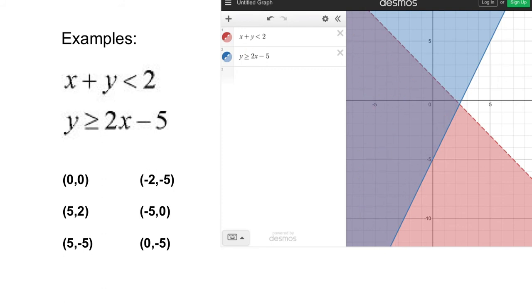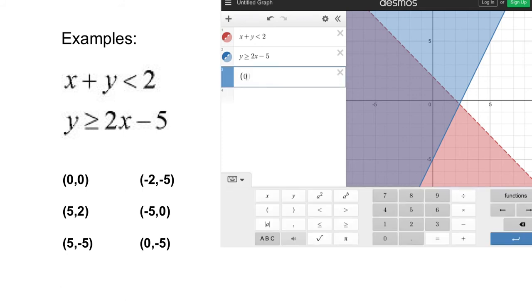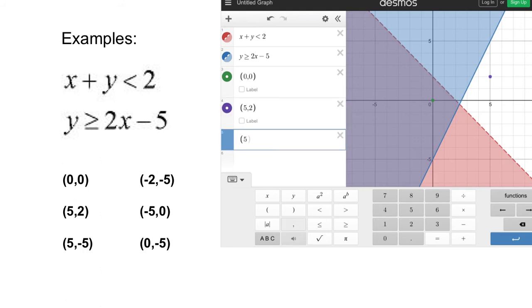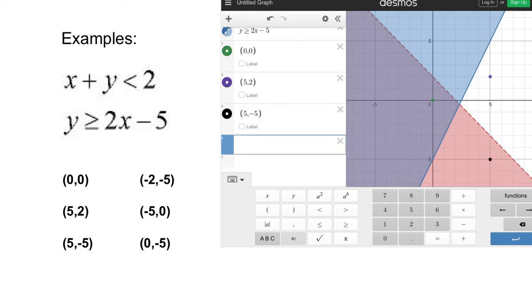So I'm going to check all my points. (0, 0), (5, 2), (5, −5), (−2, −5), (−5, 0), and (0, −5).